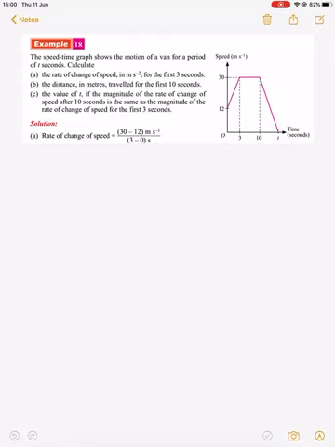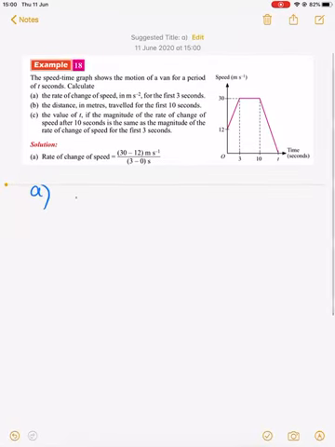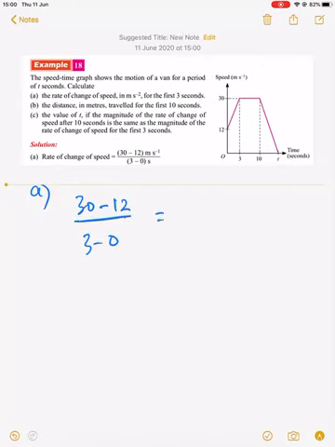Calculate the rate of change of speed for the first 3 seconds. That is the gradient, class. So the gradient is (30 minus 12) divided by (3 minus 0), which is 18 over 3 equals 6. B, distance in meters travelled for the first 10 seconds. For the first 10 seconds, we have two shapes here, the trapezium and the rectangle.